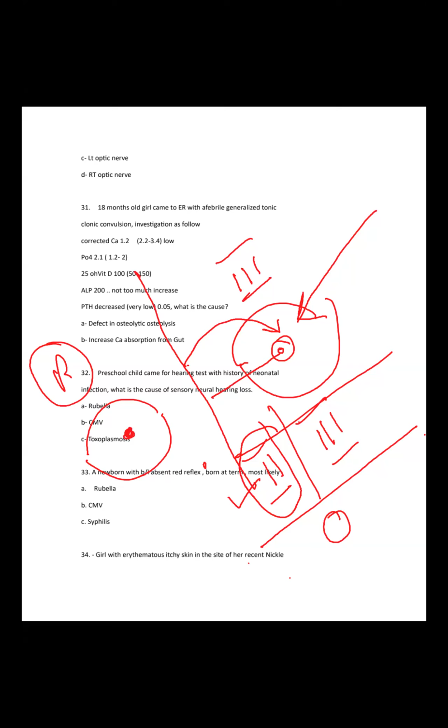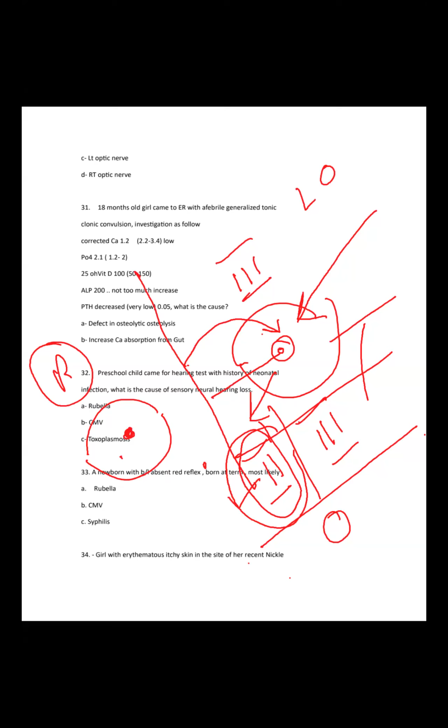The input goes to the Edinger-Westphal nucleus and the oculomotor nerve of both sides. But because the left oculomotor nerve is involved, the left is not giving any response. The right is giving a response. That means the left optic nerve is okay. Now you got it?